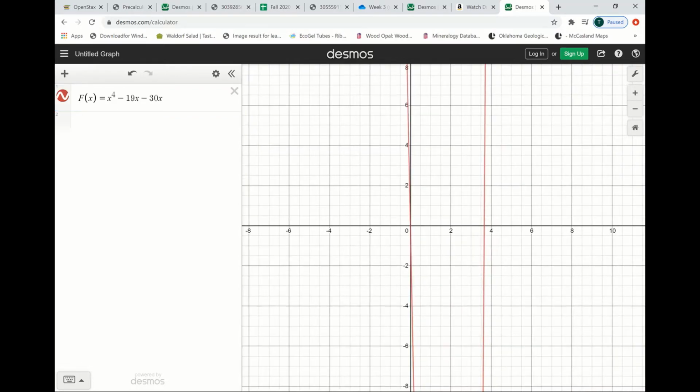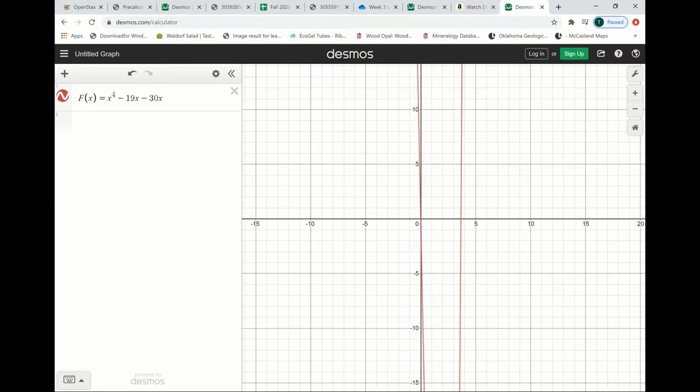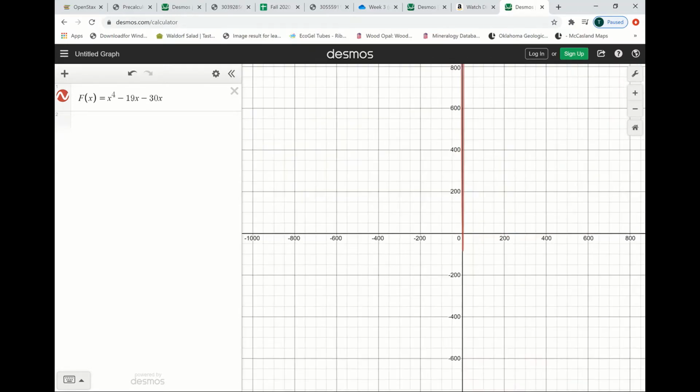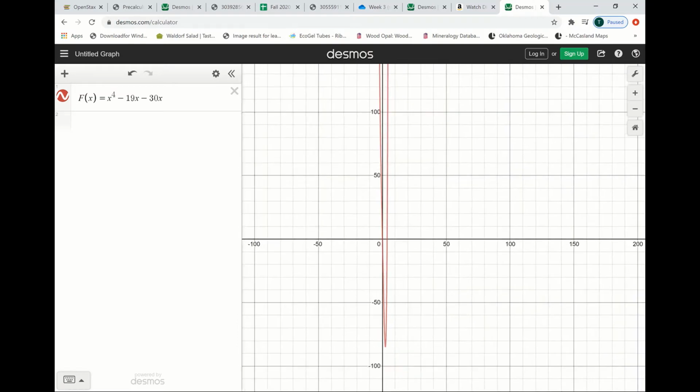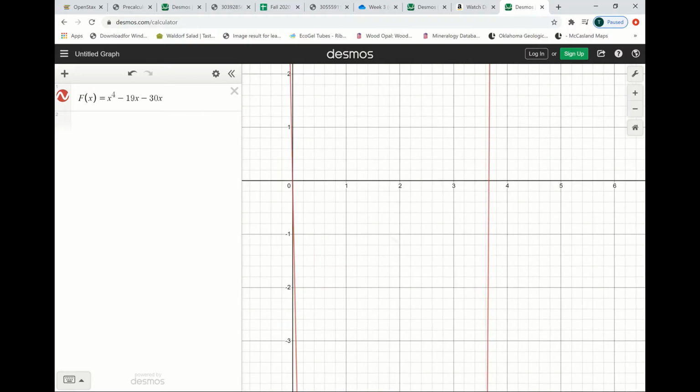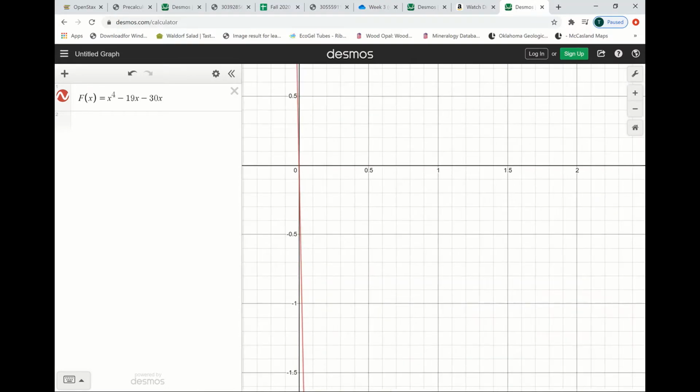Okay, let's have a look at what's going on here. We can zoom out some. Okay, so it looks like we're just going to be focusing here. So what is going on?